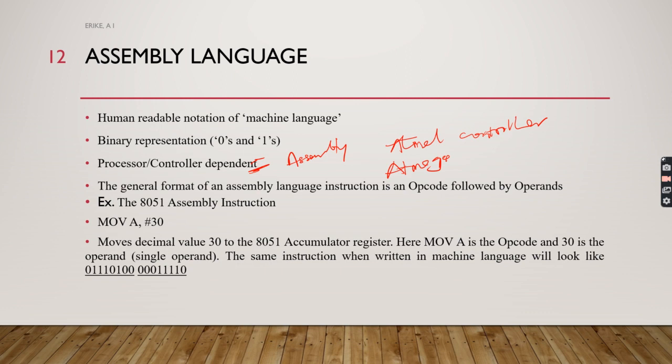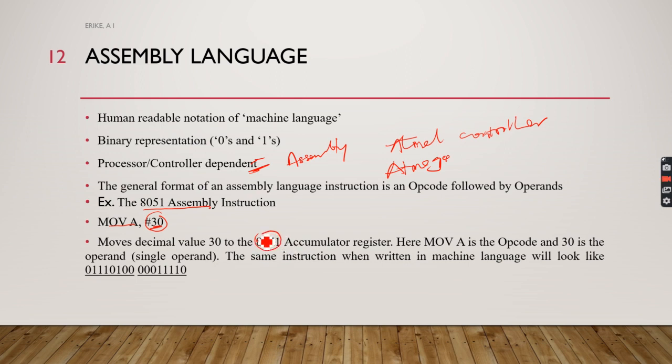When we look at the example written here, this is actually for 8051 assembly. It says MOV A, 30. What does that mean? It says move the decimal value 30 to the 8051 accumulator.